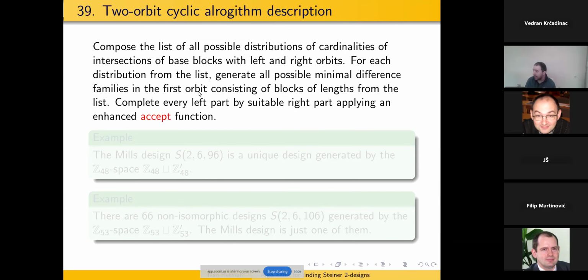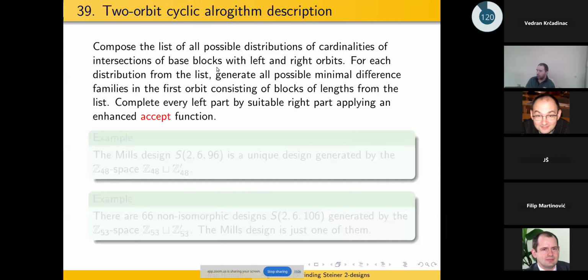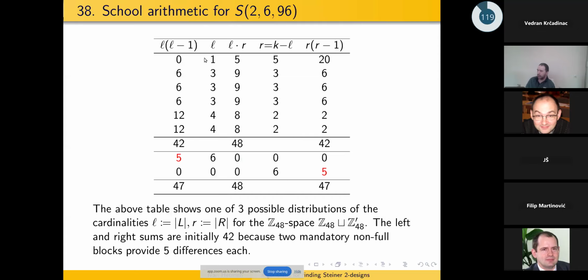Then, for each distribution from the list, generate all possible minimal difference families in the first orbit, just in the first orbit. And this can be generated by a group difference family algorithm that consists of blocks of lengths from the list. So, from this list. Blocks now will have this length, not K.